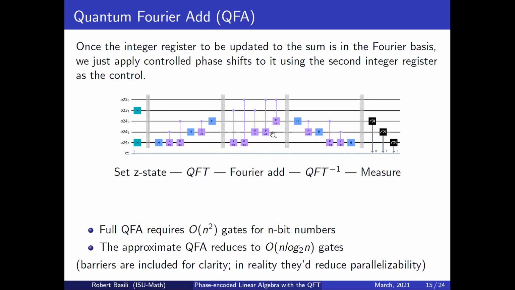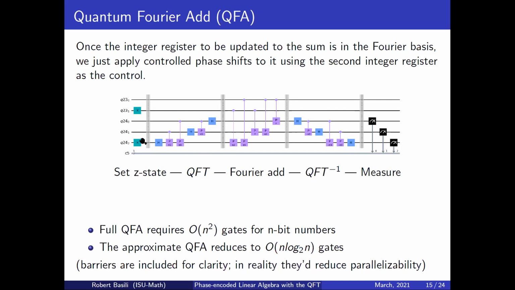But the point is you always end up decreasing as you go down this line of the other register. You keep cutting your rotation in half, so you can truncate this just like you truncate your Quantum Fourier Transform. And that reduces the process to an n log 2n number of gates.